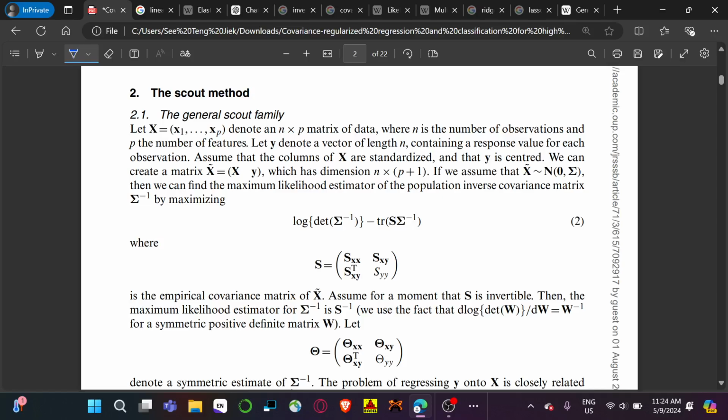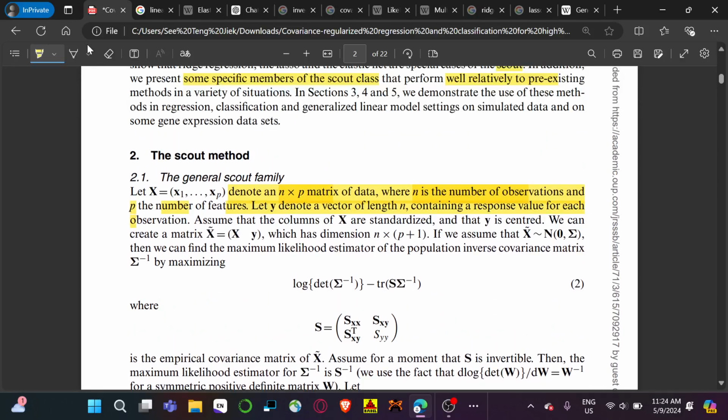So the Scout method. Let's start off by defining the matrix of the data, an n by p matrix, where n is the observations and p is the number of features. Let y be the response value for each observation. So it's something like that.